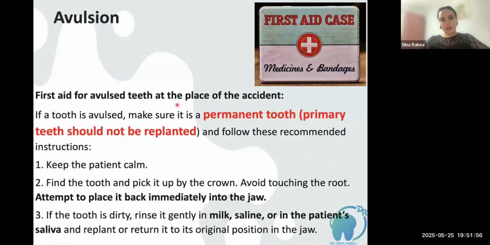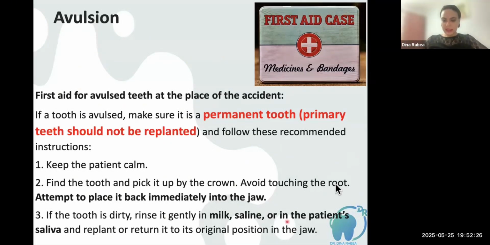So at first, when you see someone who needs first aid for avulsed teeth, you have to keep calm. You have to tell them to keep calm. You have to find the tooth and pick it up by the crown. Do not handle the tooth from the roots, because the roots hold the very precious periodontal ligament cells that we want to keep viable for as long as we can. Then, after maybe cleaning the tooth with running water if applicable, or if not, with milk or saline.